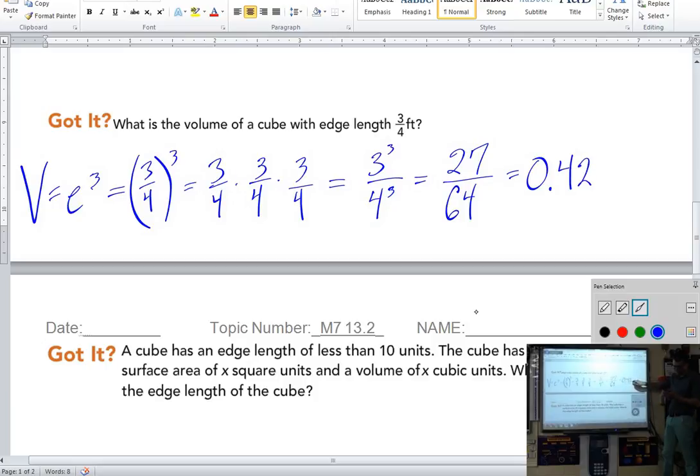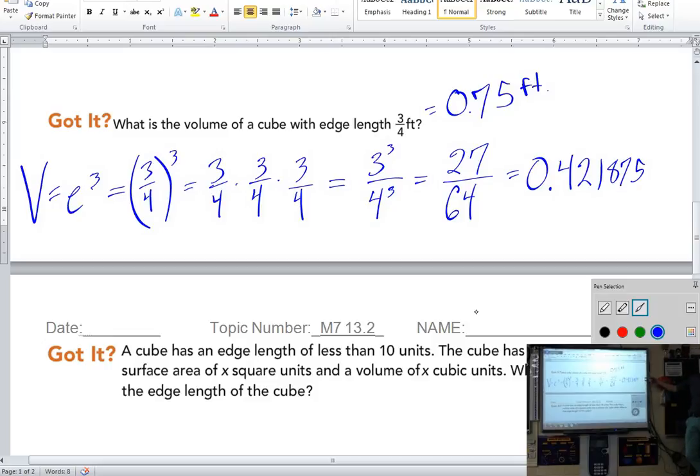Oh, I did. Okay. So wait, what? Hold on. 3/4 is 0.75. But yet when I look at the volume, I got a smaller number.